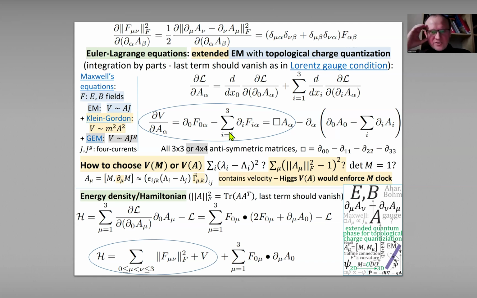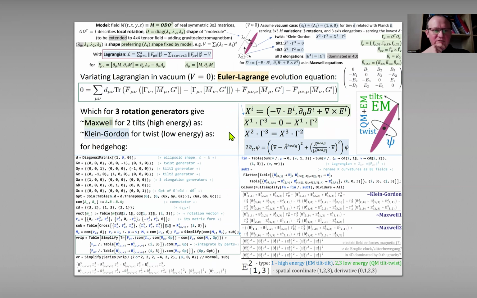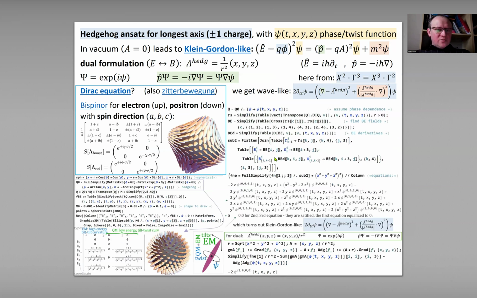Here are some calculations which can be found on GitHub. For example, here is the hedgehog configuration, and looking at the phase evolution, it turns out that they lead to a Klein-Gordon-like equation from Euler-Lagrange, not exactly, but close. So here you can think about the parametrization of this kind of hedgehog. The effective description of some object with velocity, with direction, and being a particle or antiparticle, are these bispinors in the Dirac equation.